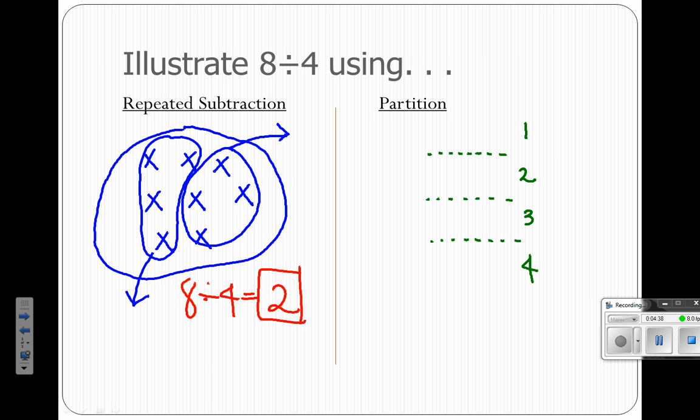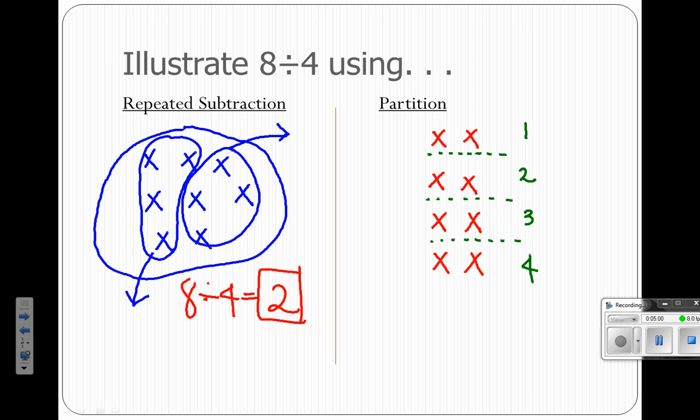Okay, so we have 4 partitions. Then I have 8 objects that I need to place in these partitions equally if possible. So I'm going to place 1 object per partition until I have 8. So here's 1, 2, 3, 4, 5, 6, 7, 8. Okay.